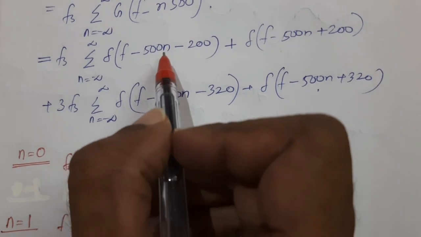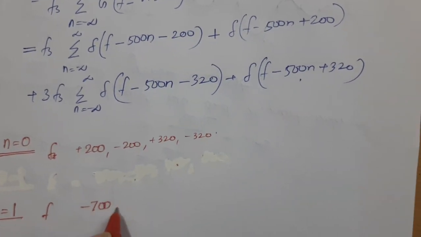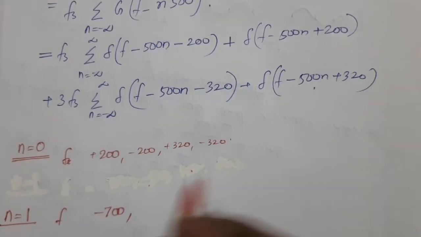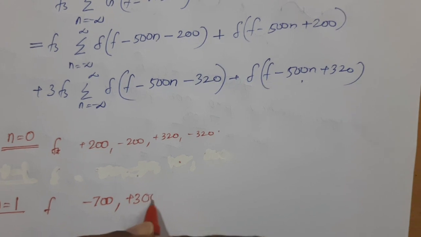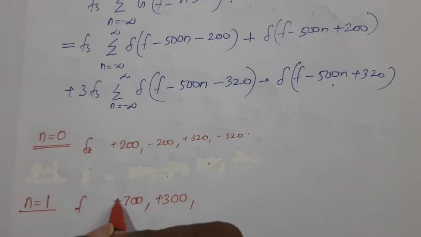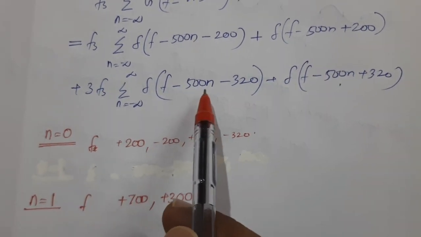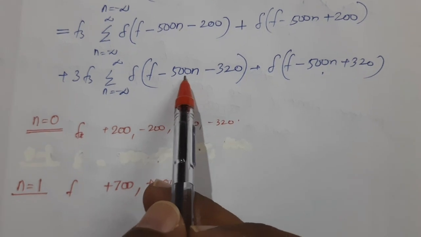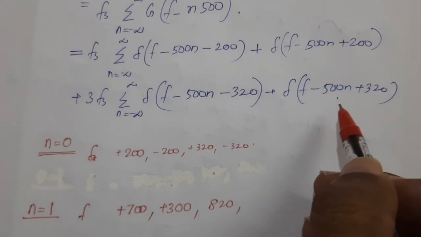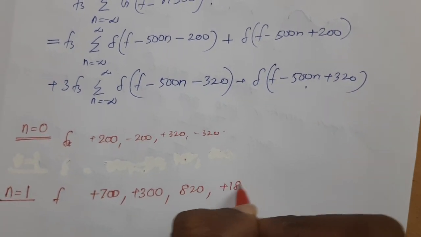They will be minus 700, then minus 500 plus 200, that is 300, plus 300, plus 700, and then plus 820, plus 180.